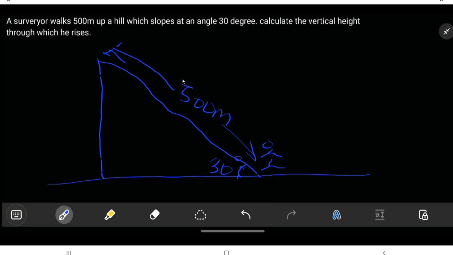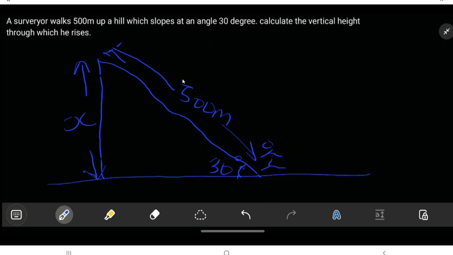We're asked to find the vertical height through which he rises, which is here. That is our x this time.